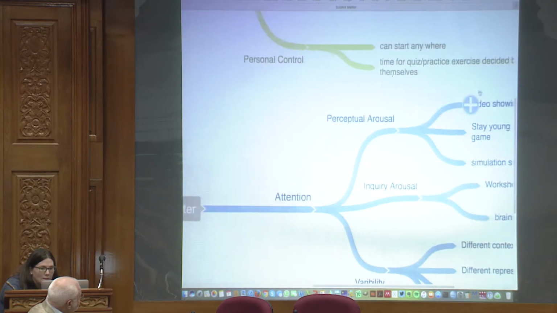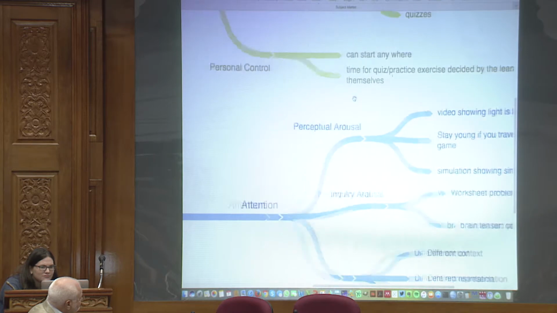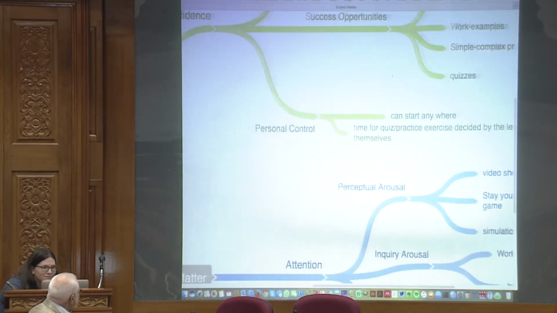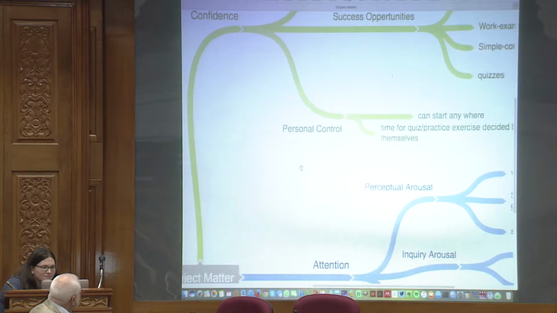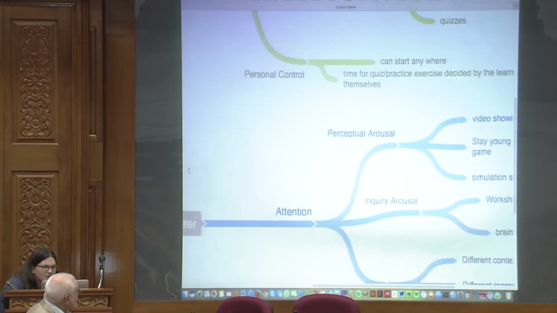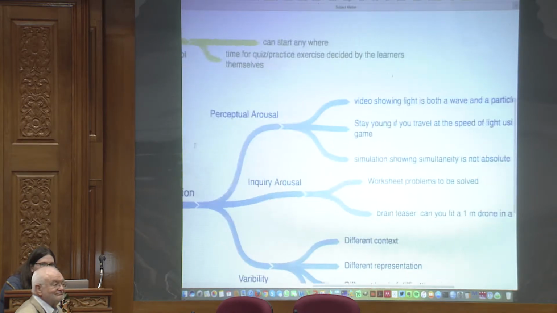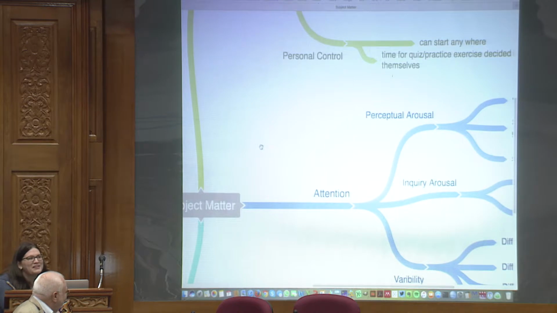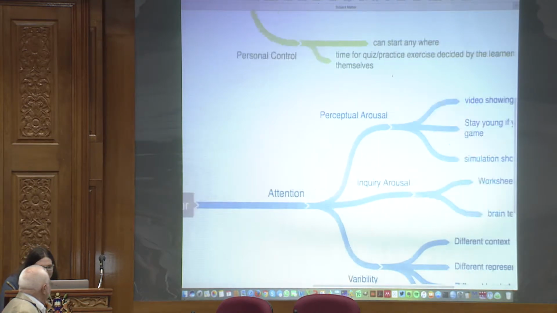And something that everybody, whoever in Malaysia, all over the world, would like is to stay young. But if you travel at the speed of light, you can stay young. So I have a simulation to prove that. Yes, it does.